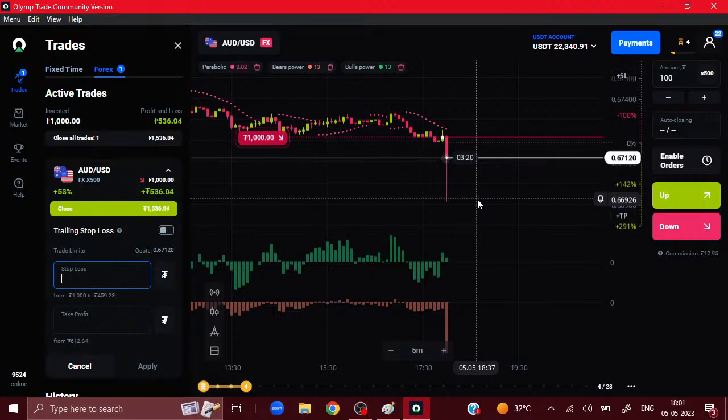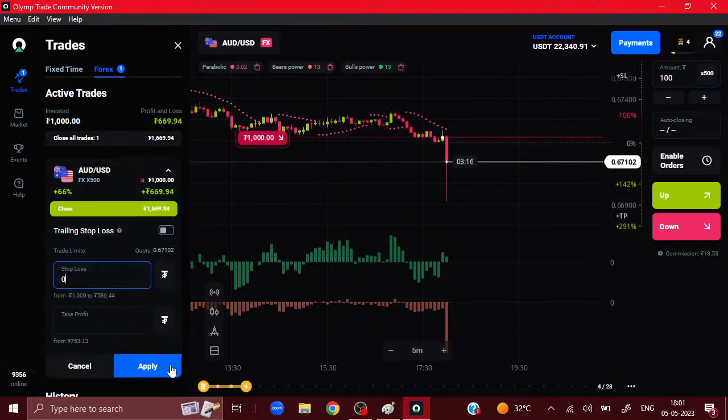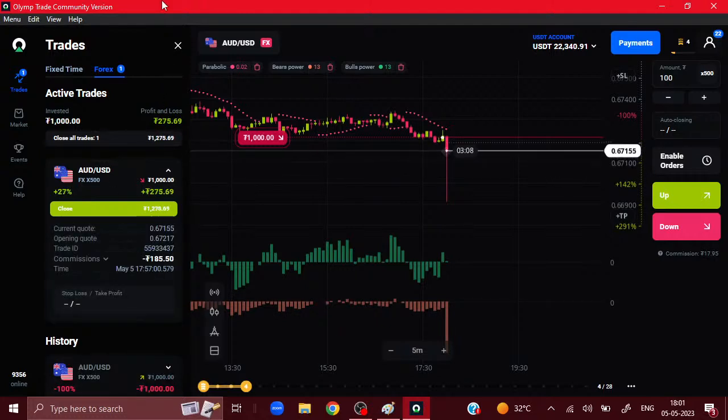If you don't want both of your trades to end up in loss, then you should shift your stop loss to 0 and click on apply. This will make one of your trades risk free, and you will not be losing both of the trades.